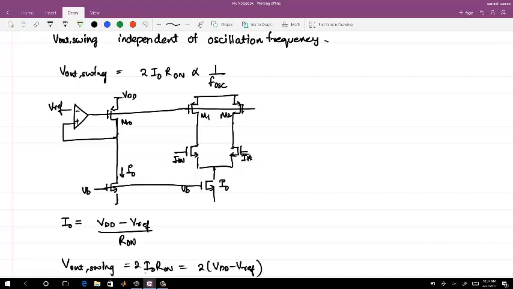Okay. So, I didn't get you. Yeah, the only part which is in feedback is this cell. This is just the bias section. I use the bias section to get a certain R on.